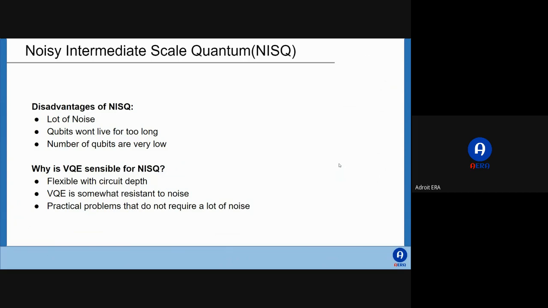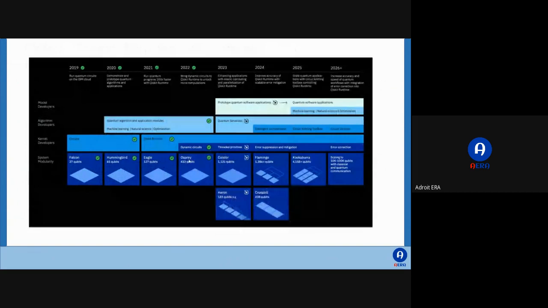We want to find drugs, new chemical formulas, and new chemical materials. We are interested in bigger problems, but because of the noise and the small number of qubits, we cannot extend our problems there.